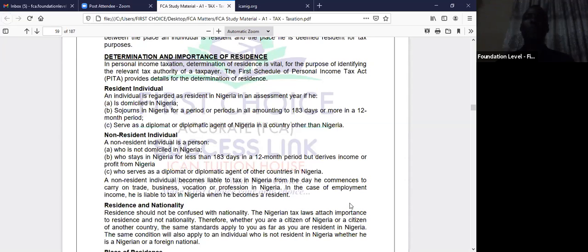1 week or 1 month after he comes to Nigeria, he starts doing business. He starts carrying on a trade, or he starts carrying on a profession. Instead of the coaching job he's supposed to do, he's doing that. Perhaps he's an accountant and he starts displaying his accounting skills and making money.